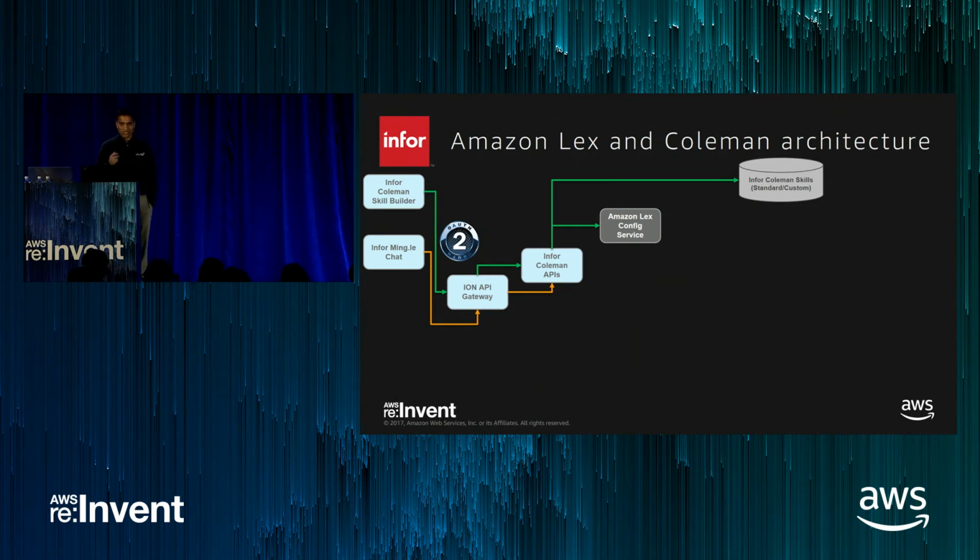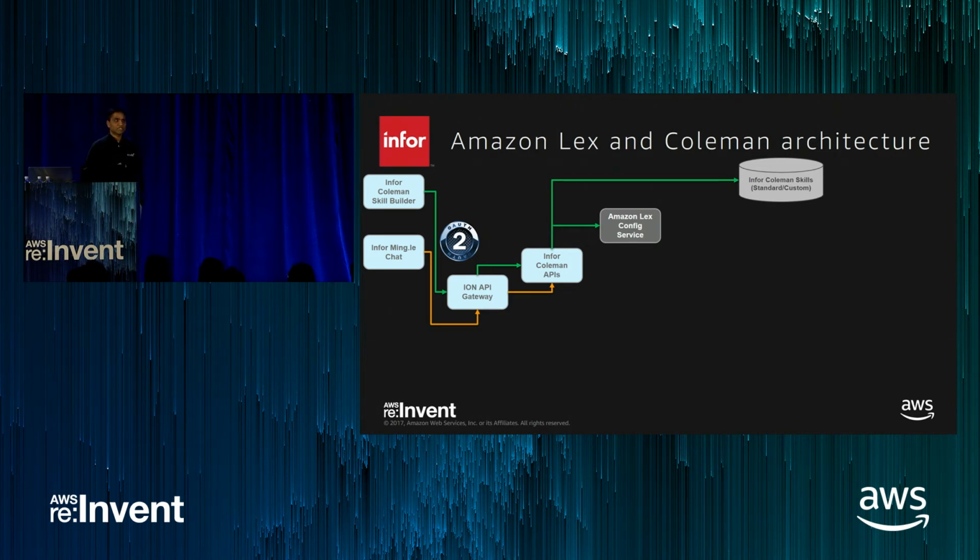So starting from the runtime, Mingle Chat also interacts with the Ion API gateway. And again, the Mingle Chat application is also authenticated. The end user using Mingle Chat gets authenticated using SAML with the customer's identity provider. So it's not like we are authenticating all the users against Amazon's identity.